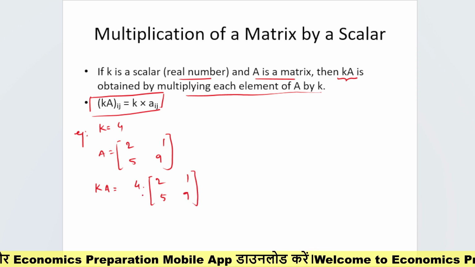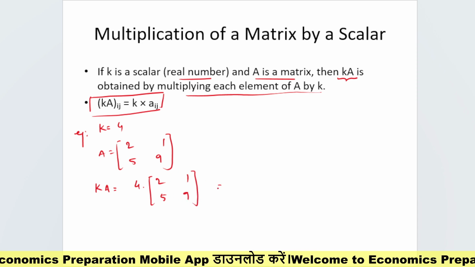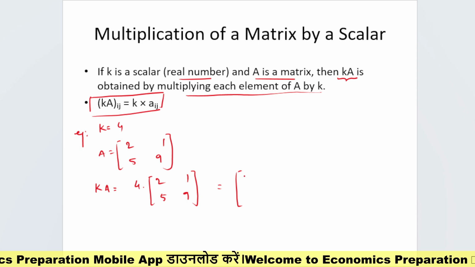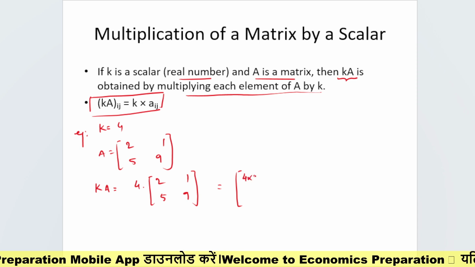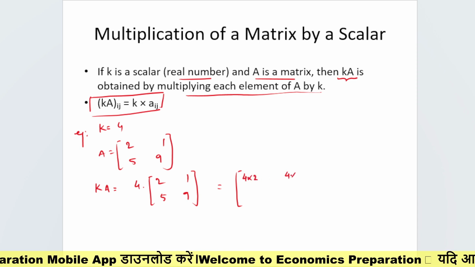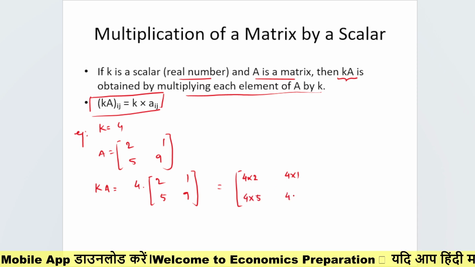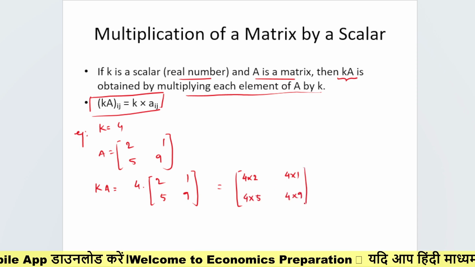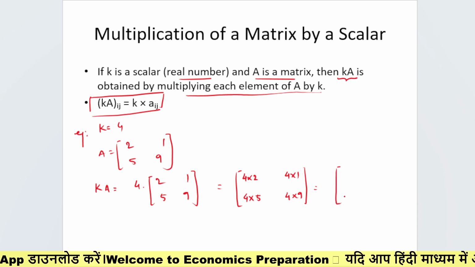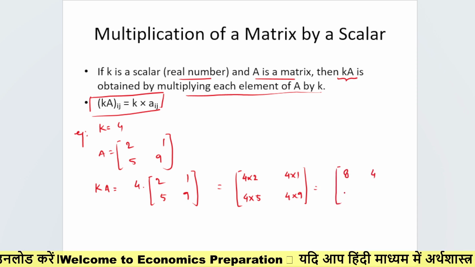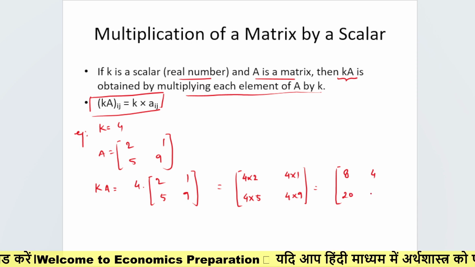When this 4 goes into the matrix, it will multiply to each element. Now what we found: 4 into 2, 4 into 1, 4 into 5, and 4 into 9. Okay, so the resultant matrix will be 8, 4, 20, and 36.